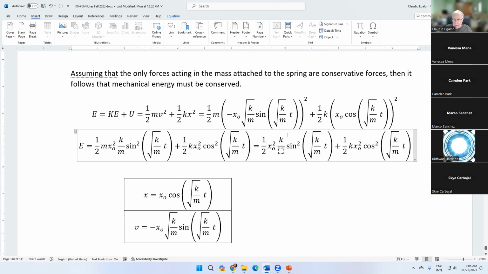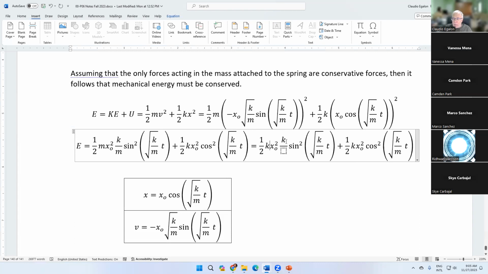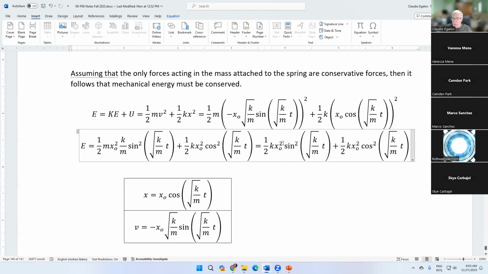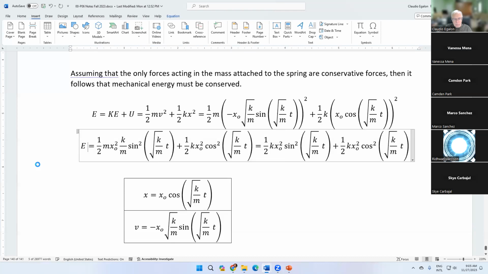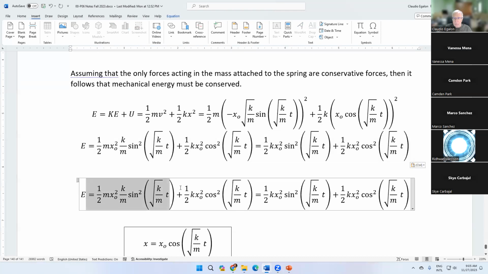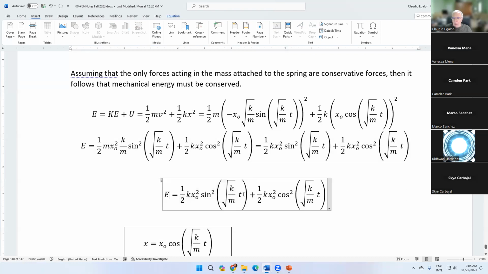The k here is going to be multiplying x naught square in front of it. We are going to place half kx naught squared in evidence.